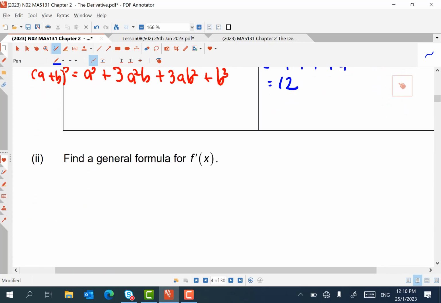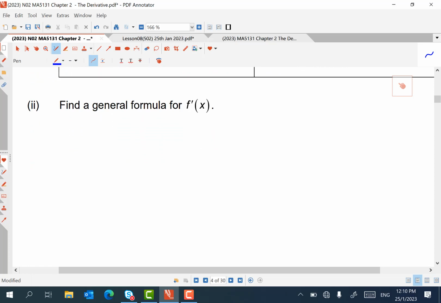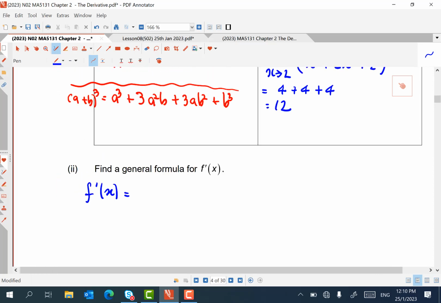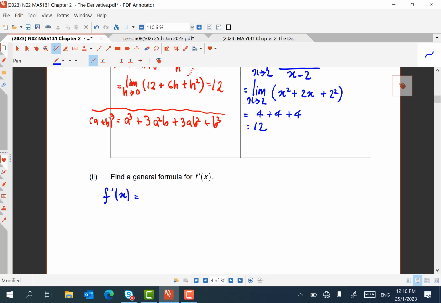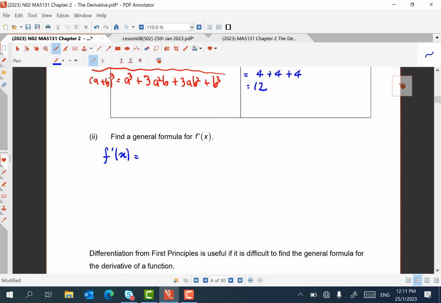Okay, now to find a general formula for f prime x. You're done with this page? Yes. Okay, let's find f prime x in general.